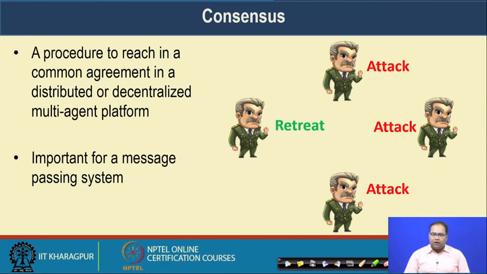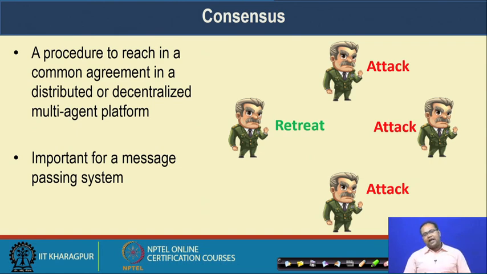Now, in a consensus algorithm, these generals individually express their opinion, and from their individual opinions, by applying some kind of choice function, which can be the majority decision in this particular case, the system finally decides what to do next. Here in this example, 3 generals are making a choice towards attack. So, with the majority principle the system can come to a consensus that they should make an attack collectively.